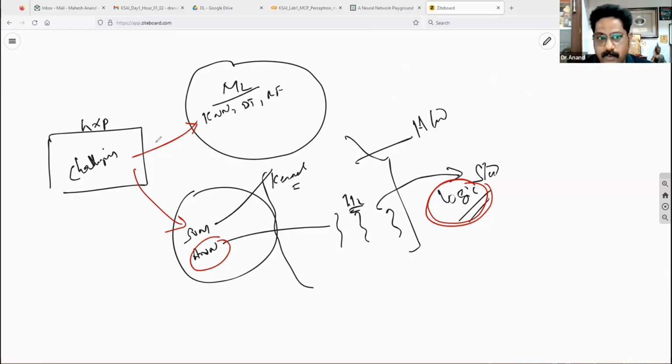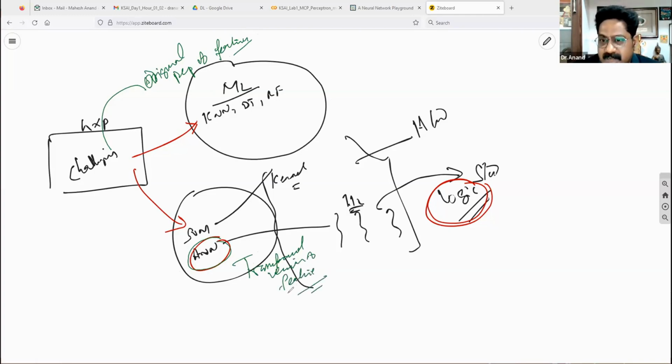These guys are working with the original representation of the features. And these guys, the secret recipe is, are working on a transformed version of the features. You may wonder, sir, where does this transformation happen?